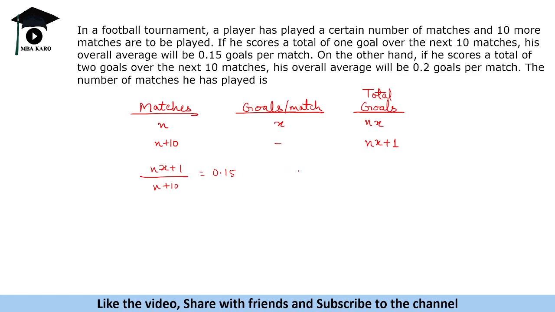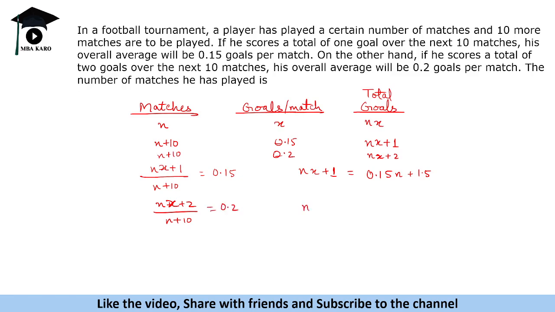So we can say that nx plus 1 is equal to 0.15n plus 1.5. And if he scores two goals, he will have nx plus 2 goals. So nx plus 2 upon n plus 10, goals per match in this case, is 0.2.